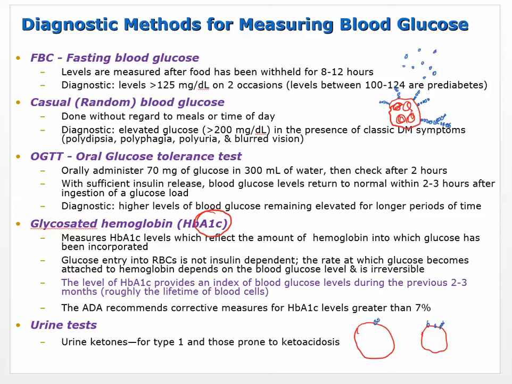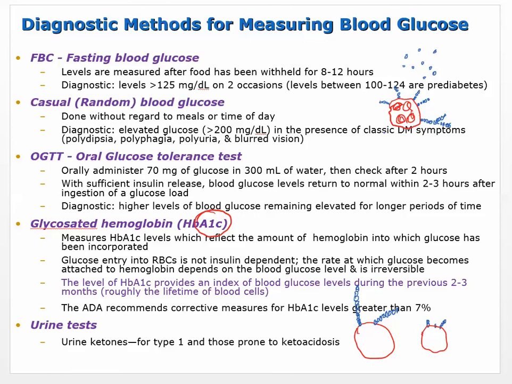The higher your glucose was over that 3-month period, the more is going to be collected, and it collects more rapidly. Even on the younger ones, you're going to have a little bit more. So from just plain language, what this does is tell you, on average, over the past 3 or 4 months how much glucose has been in your blood.